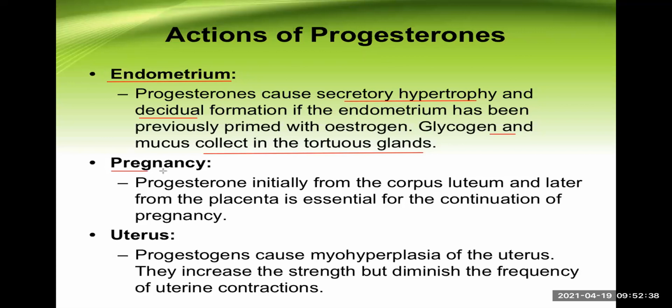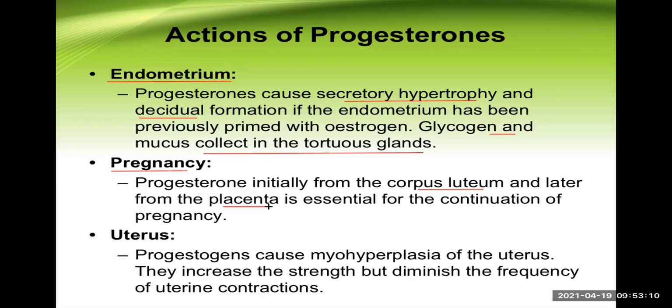Now, in pregnancy, progesterone is initially secreted by the corpus luteum and later on from the placenta directly. And we need progesterone for the continuation of pregnancy. Remember, progesterone is a relaxing type of hormone, relaxing. So it is relaxing the uterine musculature so that undue contractility of the uterus doesn't occur.